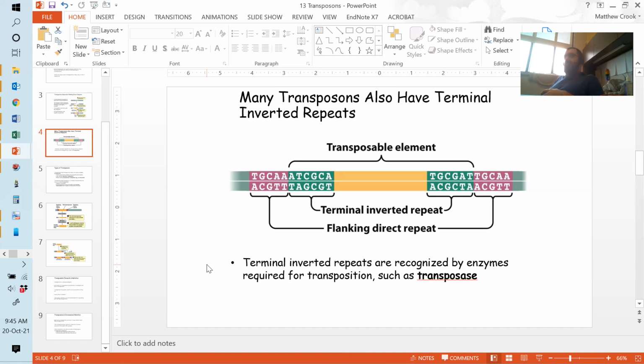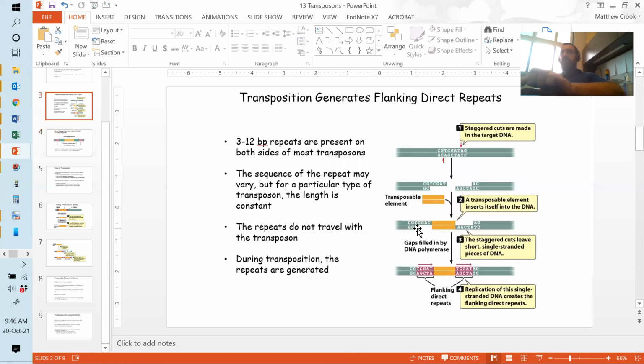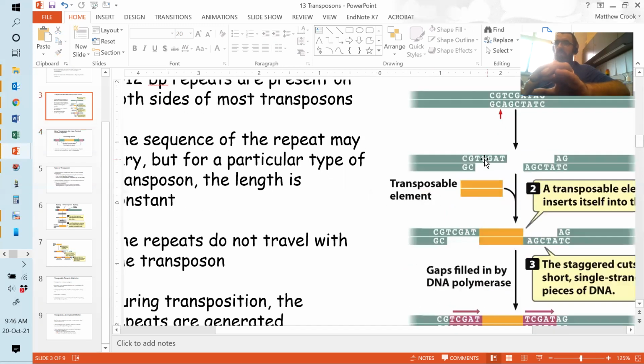So yeah, they have code. They encode the means to move themselves, whether it's transposase or transposase and reverse transcriptase. And when they transpose, they create these flanking direct repeats. The reason they create those flanking direct repeats is because of these staggered cuts that get filled in. And so you can see the overhang here, if you zoom in. The overhang here is TCGAT.